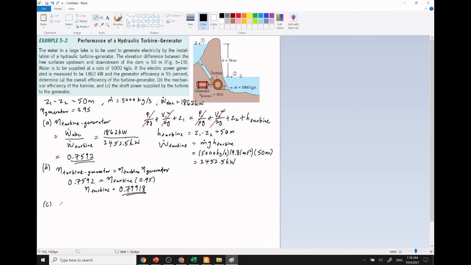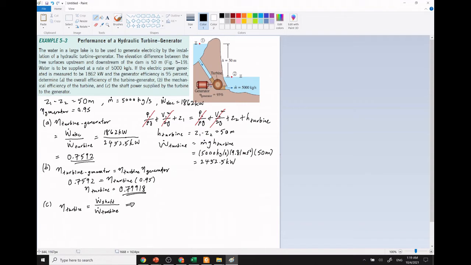So we know the efficiency of the turbine, and we know that the mechanical energy transferred to the turbine should be on top, and that should be the shaft power.